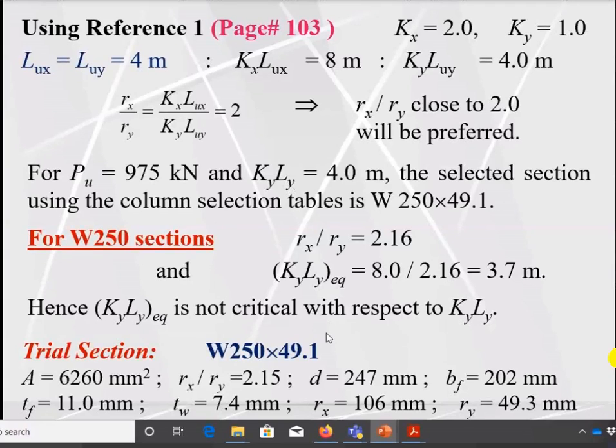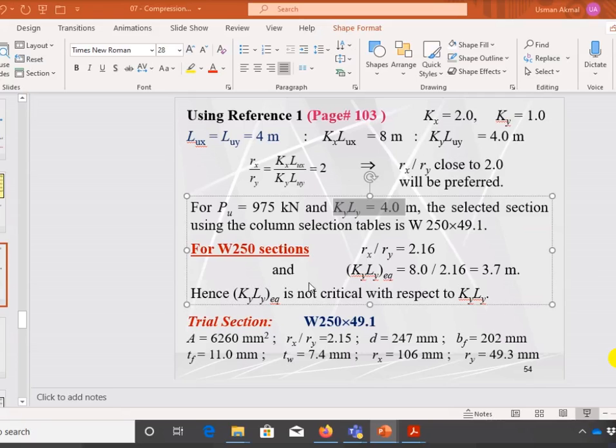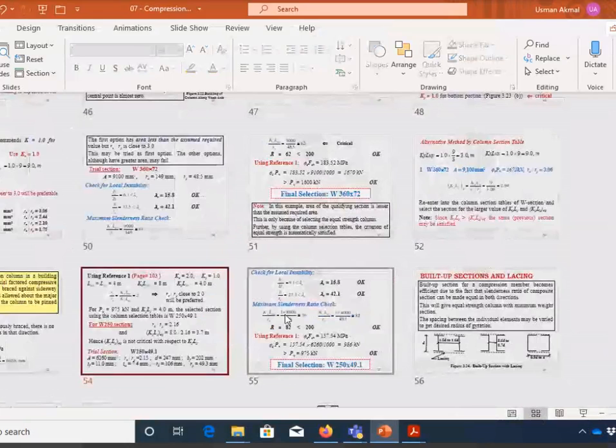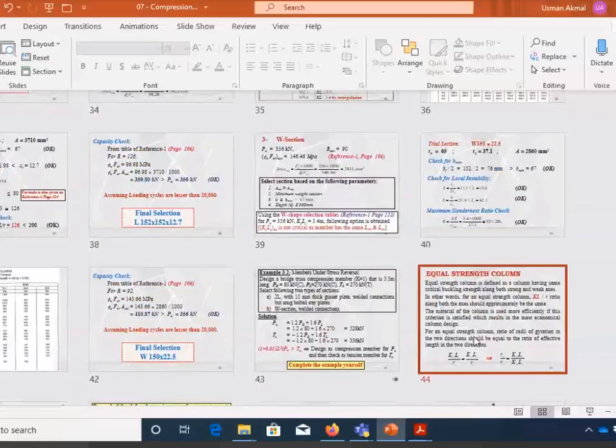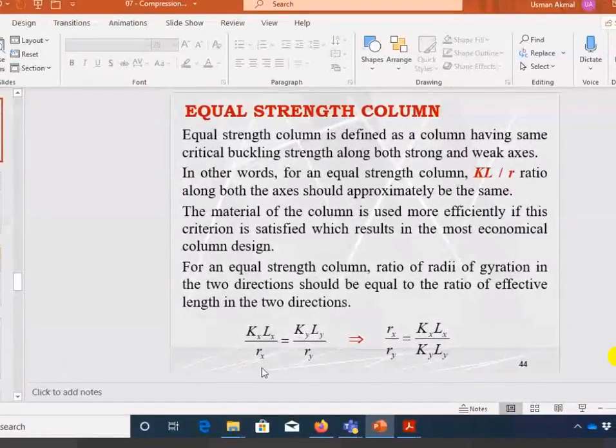I have already explained that you will convert the effective length about the x-axis into the equivalent effective length about the y-axis. Because an equal strength column is the one which has the same slenderness ratio about both axes. So from here, Rx over Ry is equal to the effective length about the x-axis over the effective length about the y-axis.